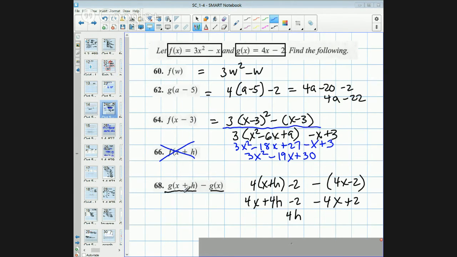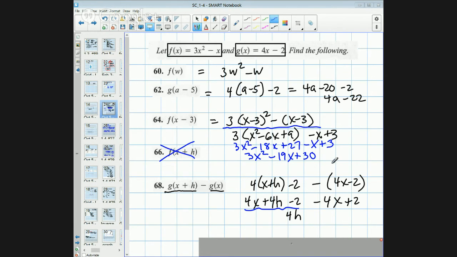So anyway, what's g of x plus h? Well, take rule g, in place of x, plug in an x plus h. It gives me this. Here I actually multiplied this out. And then it says from it, subtract g of x. So from it, subtract 4x minus 2.